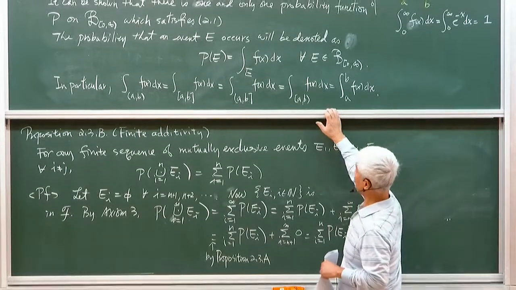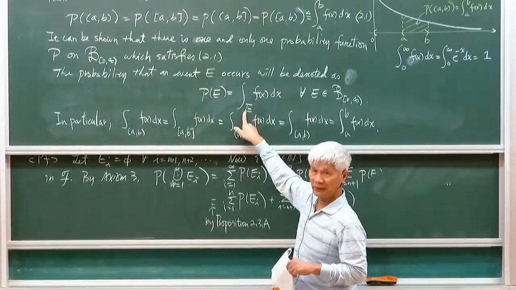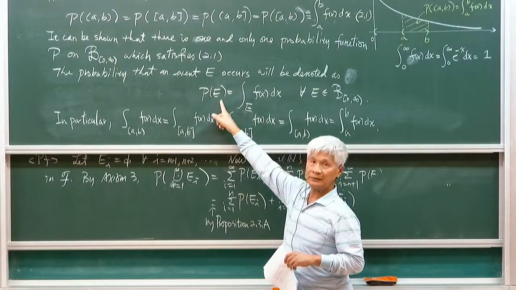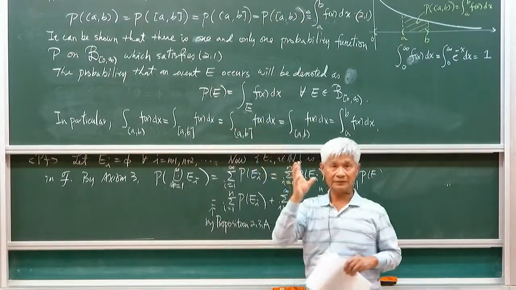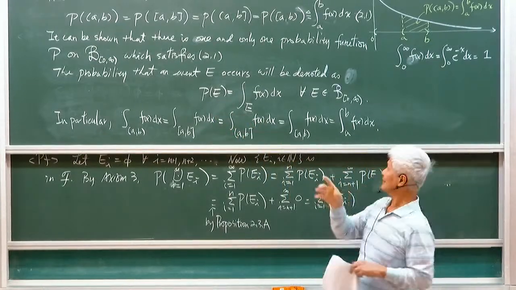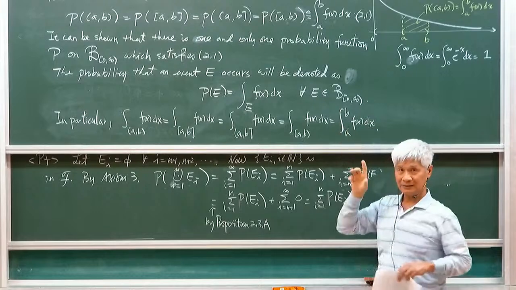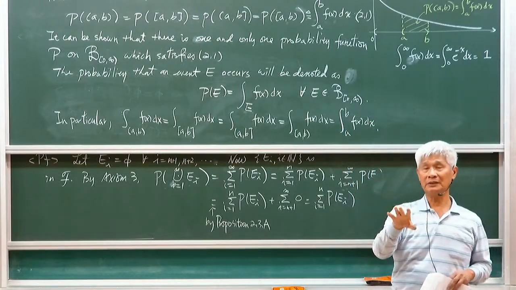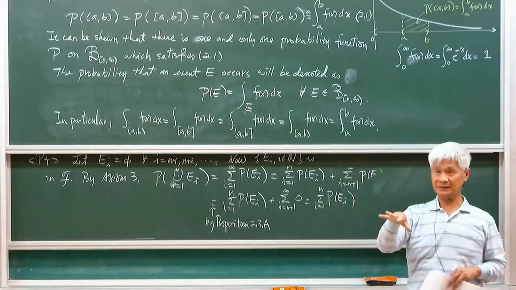So every time we write an integral in this way, it's about the probability of a certain event, okay? And this is just the Riemann integral you learned in calculus.